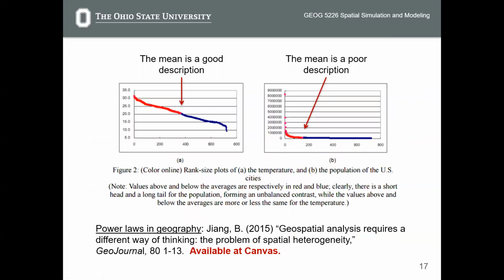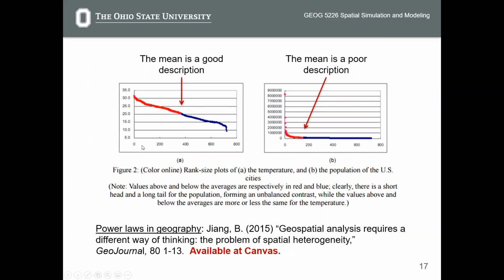And why is average a poor measure? It is not very well defined for a power law relationship. On the left side, we have a curve for the temperature, and on the right is the population of US cities.